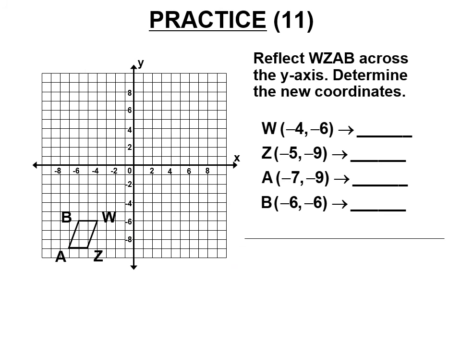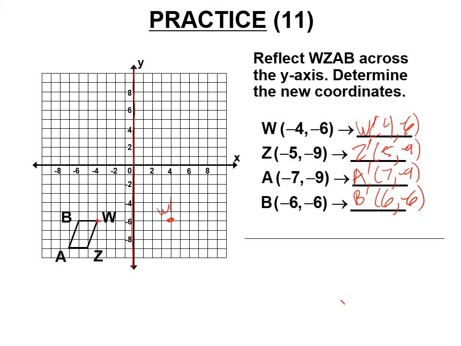All right, reflect WZAB across the y-axis. Okay, so this is the y-axis. And determine the new coordinates. If you reflect it across y, the x coordinates are all going to become opposites. So 4, -6, 5, -9, 7, -9, 6, -6. This is at -4, this is at +4.